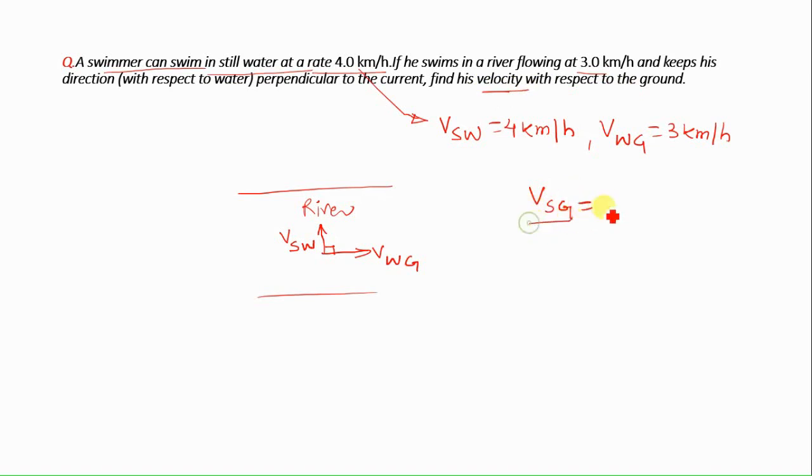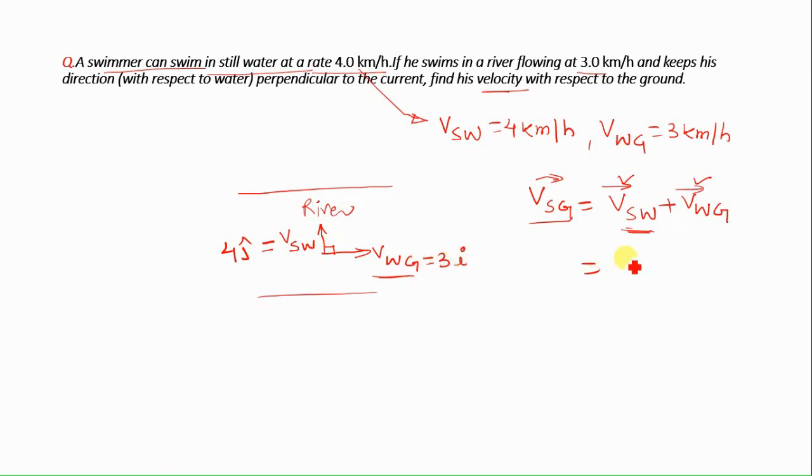This can be written as the velocity of swimmer with respect to the water plus the velocity of water with respect to the ground. Both are given, but these two vectors are perpendicular, so we have to add them vectorially. The velocity of swimmer with respect to water is 4 j, and the velocity of water with respect to the ground is 3 i.